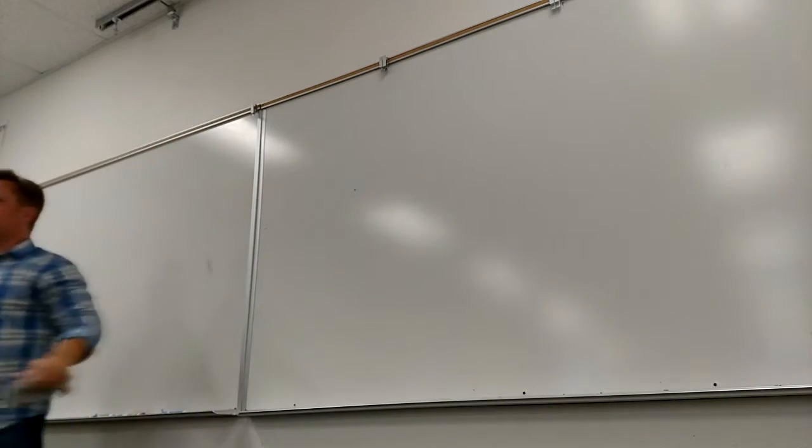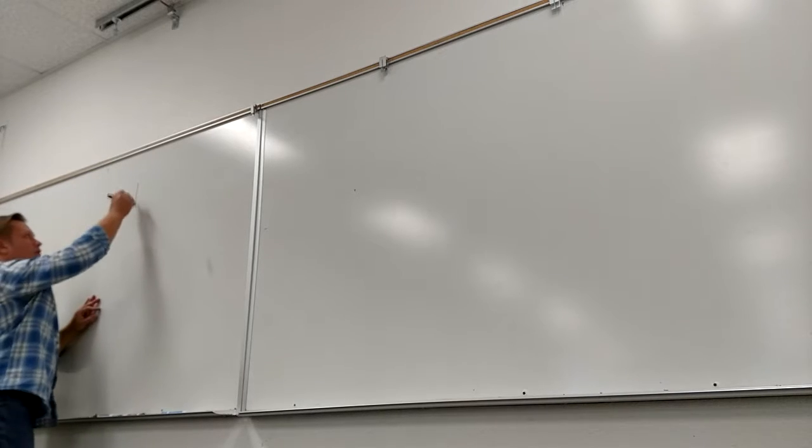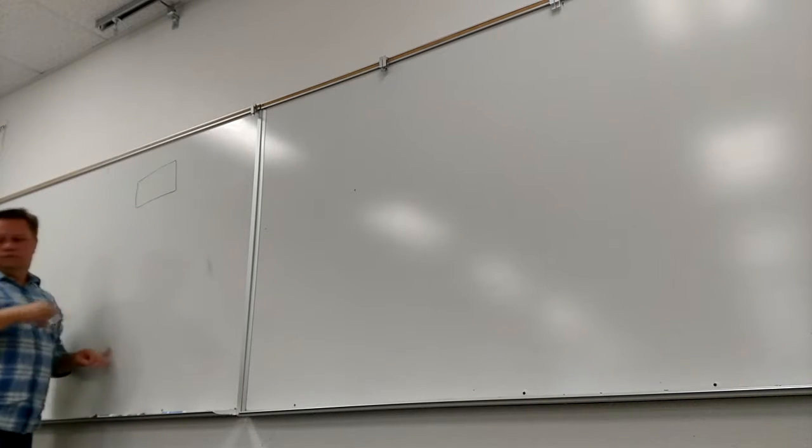So again, the people that skip the setup steps are the people that will make the biggest mistakes. Draw a rectangle. What are your 2 players in this problem? Length and width.